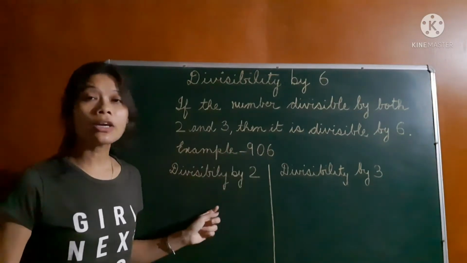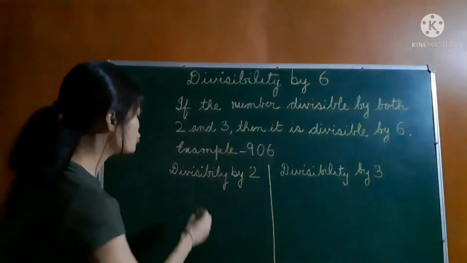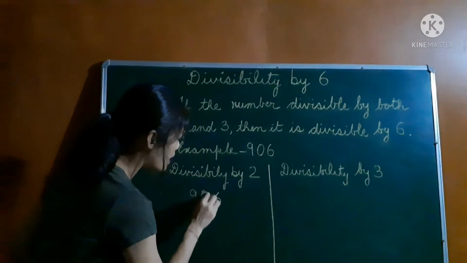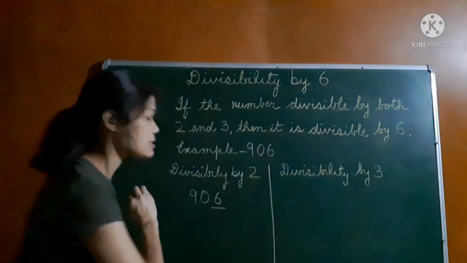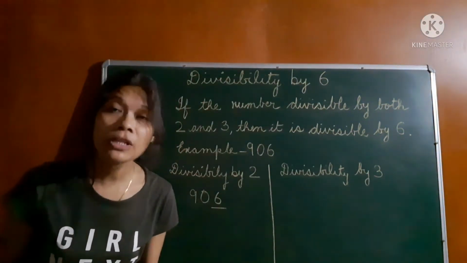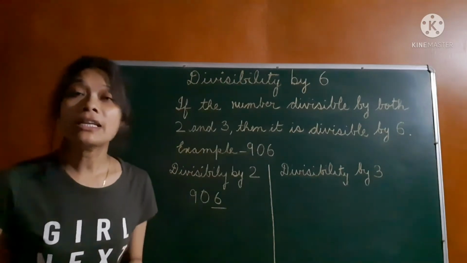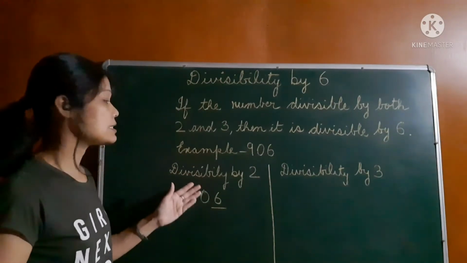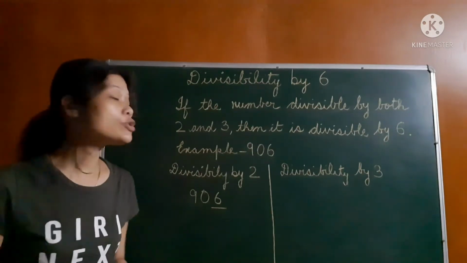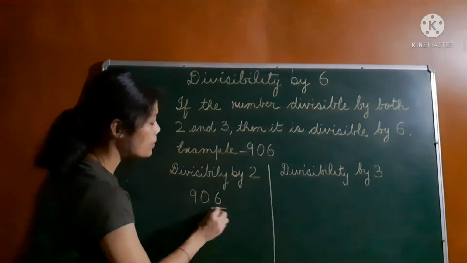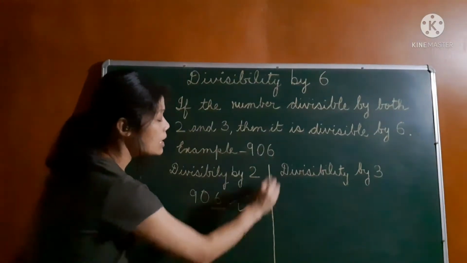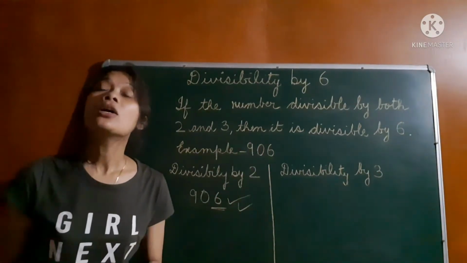So first we will check divisibility by 2. 906 ends with 6. According to the rule of divisibility, if the number ends with 0, 2, 4, 6 or 8, then it is divisible by 2. So clearly the number here is ending in 6.